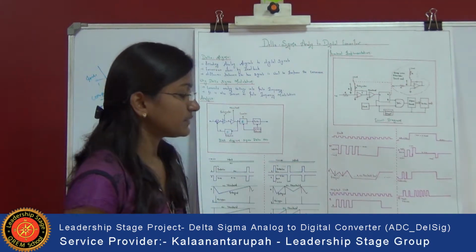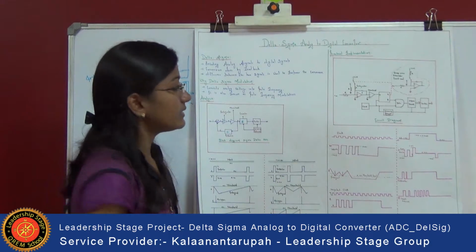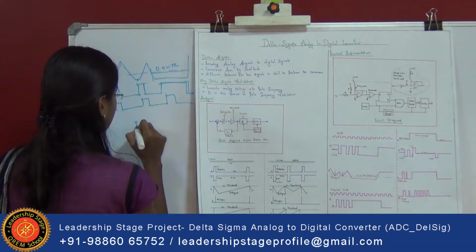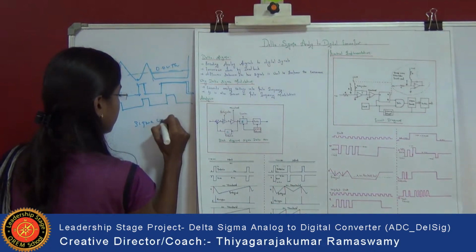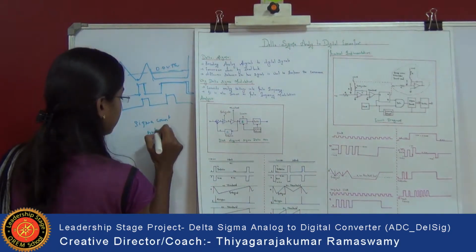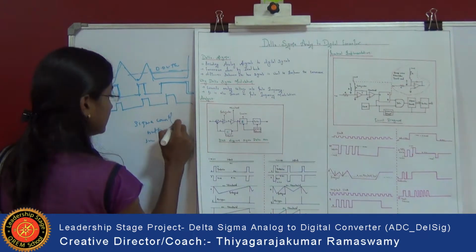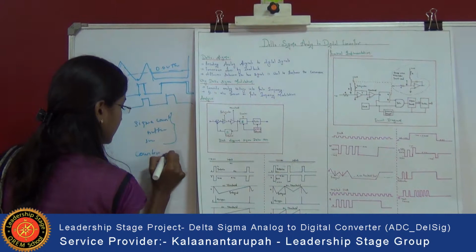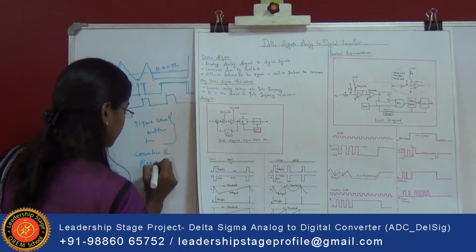And this constant can be generated by using sigma count, buffer and summing interval. This can be generated by using counters and registers.